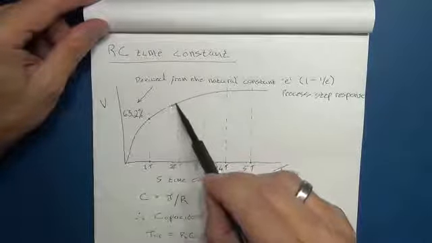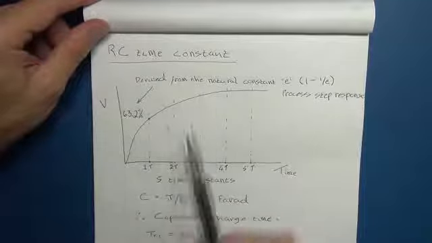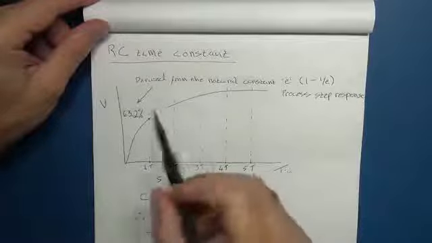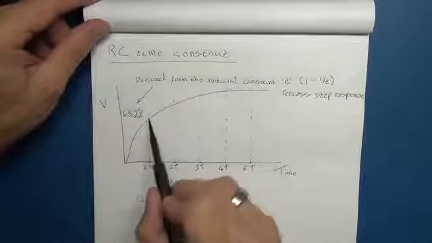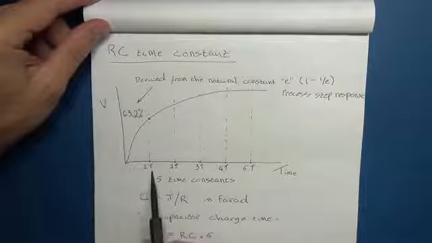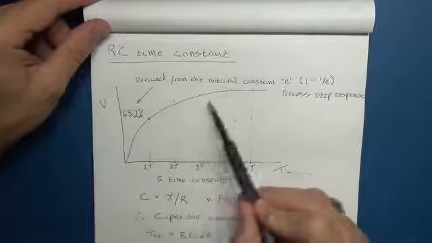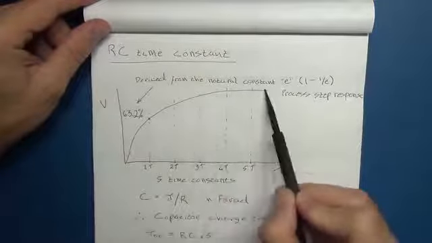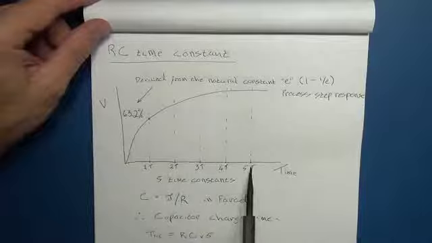Now, there are a few things to understand about how this is derived. The calculation that's actually used, and we'll do this on the oscilloscope, is taken from a certain time point, which is known as a time constant. The complete time taken for the capacitor to charge is divided into 5 time constants.